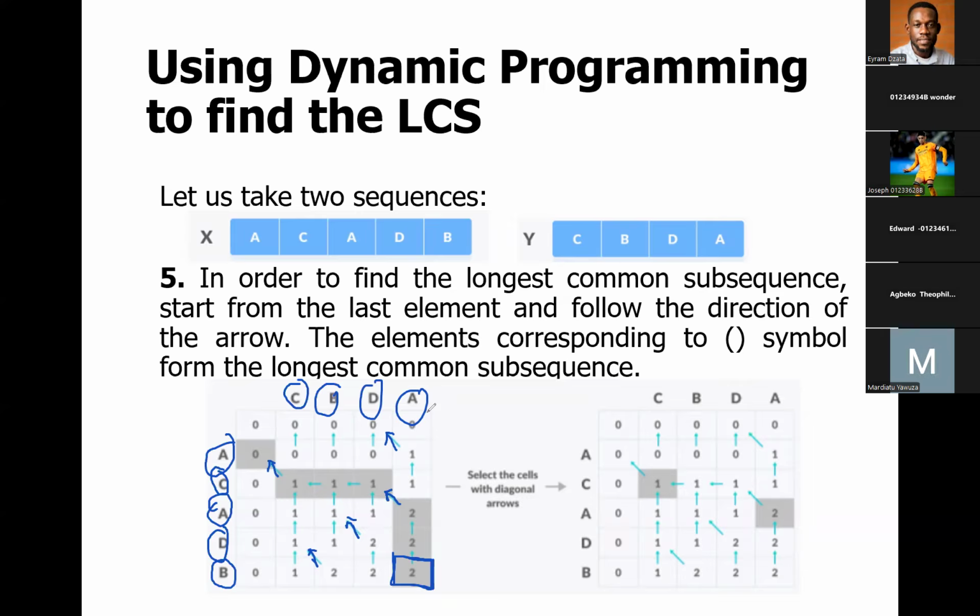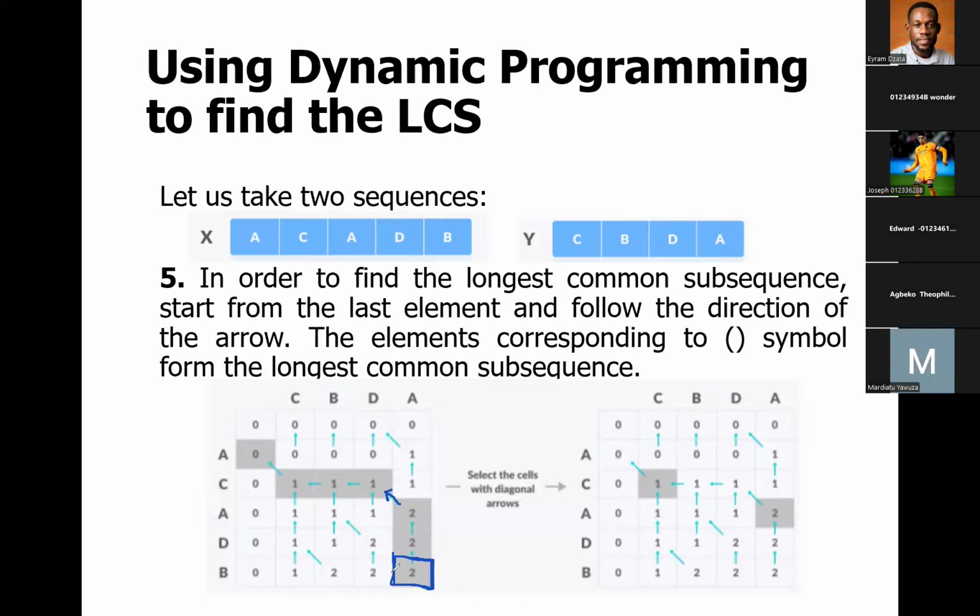Are we clear? Yes, sir. All right, so let's come back to how to determine the largest common sequence. In fact, the optimal one.